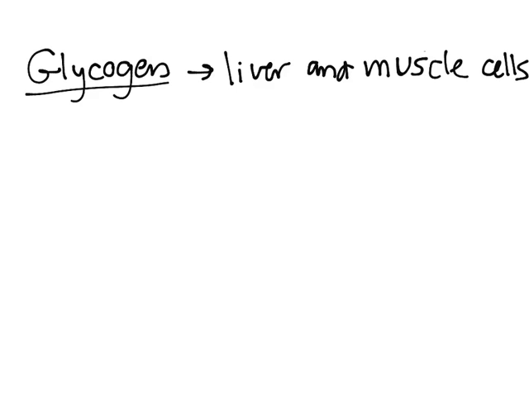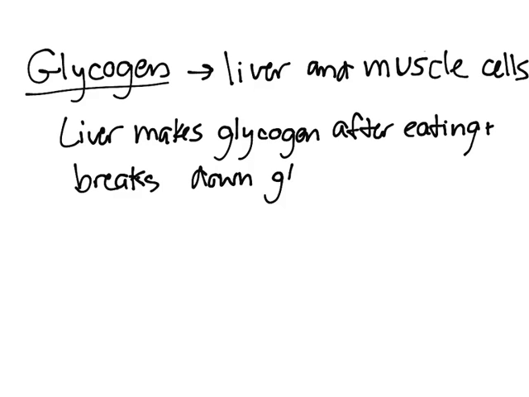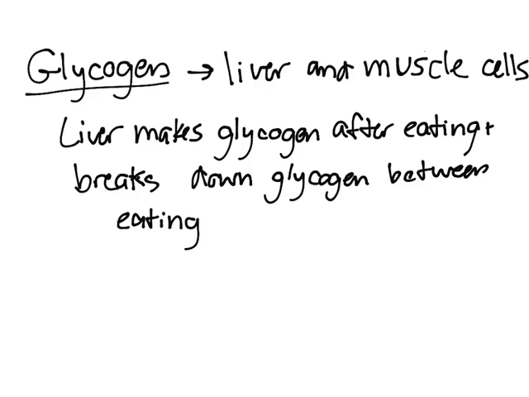And most notably, the liver produces glycogen. So the liver makes glycogen after eating, when your blood glucose level is high, and then eventually it breaks down glycogen between eating, to keep your blood glucose level constant, to maintain it.